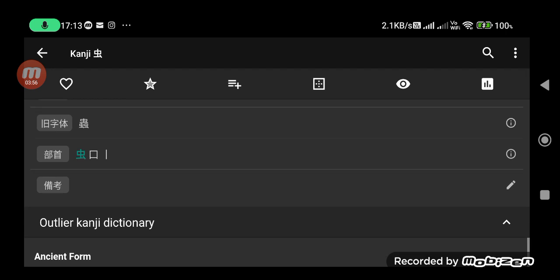Okay, so we have radicals here. The kanji that we are discussing right now is also a radical actually, and it's a bug radical.